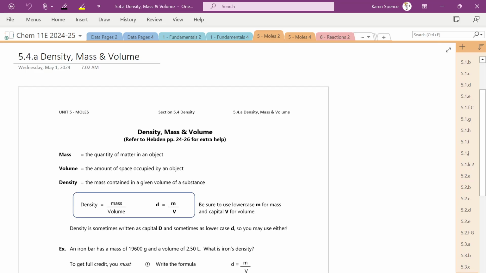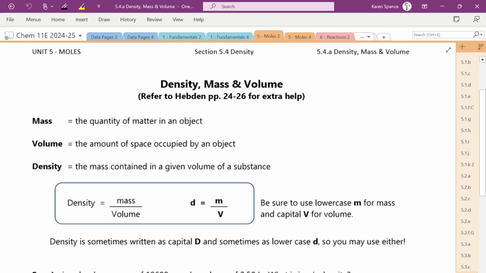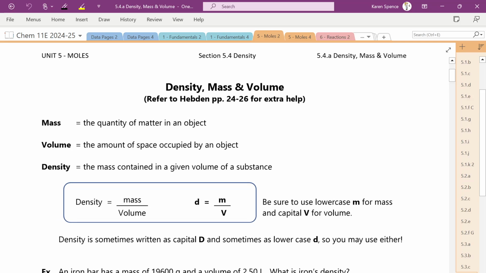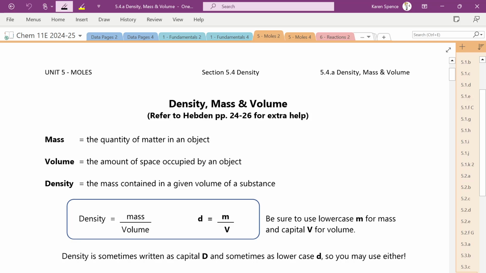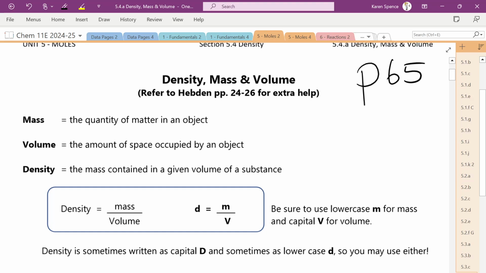Now, we are going to go to 5.4a, density, mass, and volume. And this is on page 65, in the pink one.